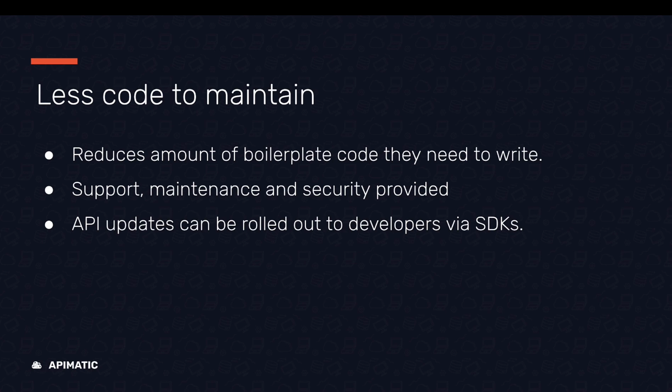And as an API changes, having those updates be automatically rolled into your toolkit through an SDK is a really nice advantage. So it saves developers a lot of time writing the same code for every single API they encounter.